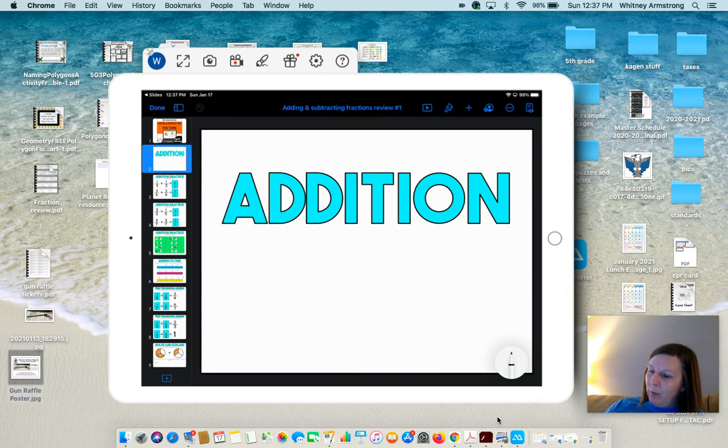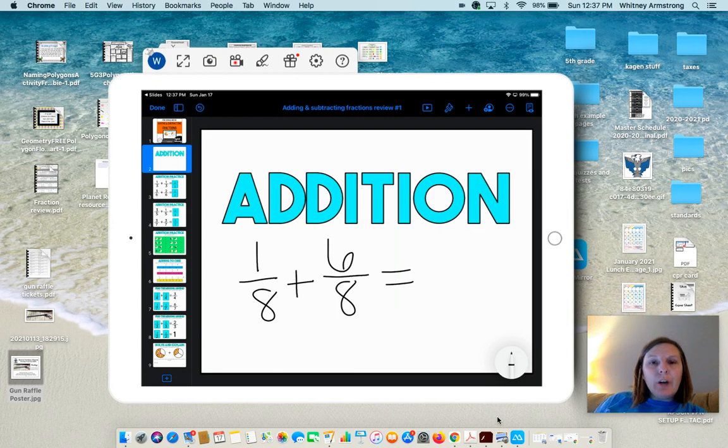So let's say we have 1/8 plus, let's say, 6/8. Okay. And I know from last year in 4th grade, you should have learned this, that when we add or subtract fractions, we don't do anything to the denominator as long as they're the same. So I can go ahead and make my denominator 8 because it's going to stay the same.